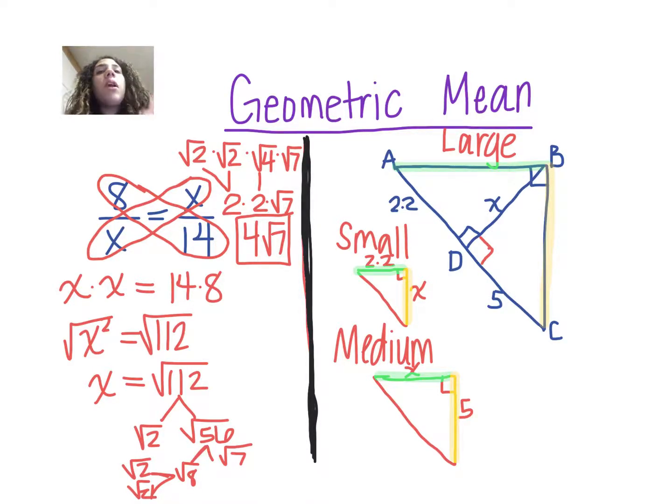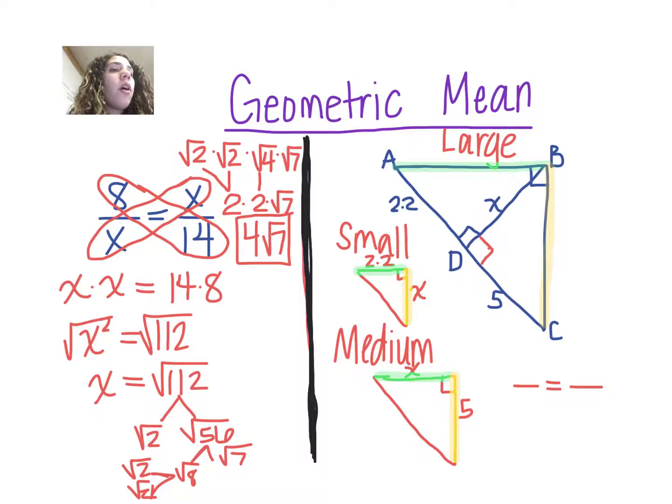Okay, so when I'm looking at that, now what I would do is set up two equivalent ratios like we saw on the left. 8 over x is equal to x over 14.